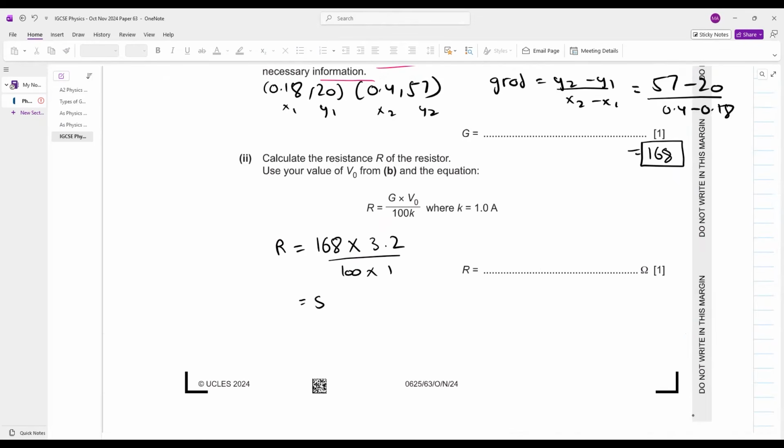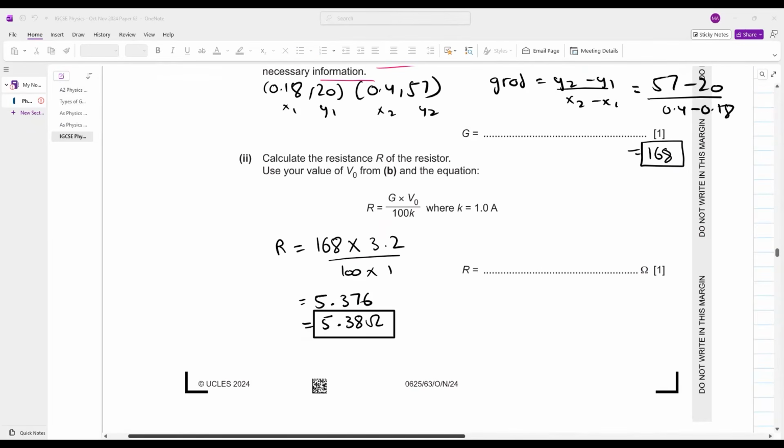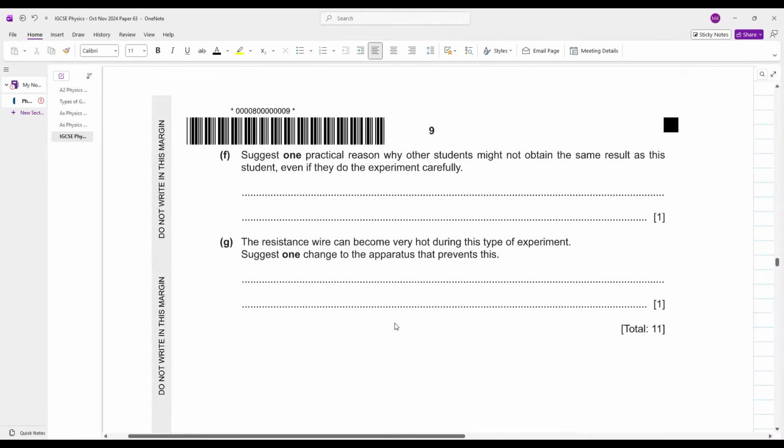Resistance comes out to be 5.376. Let's round it off to three significant figures. 5.38 ohms is your resistance. थ्री सिग्निफिकेंट फिगर्स पे आपकी रेजिस्टेंस क्या हो गई? 5.38 ओम. चलो जी आगे बढ़ते हैं.